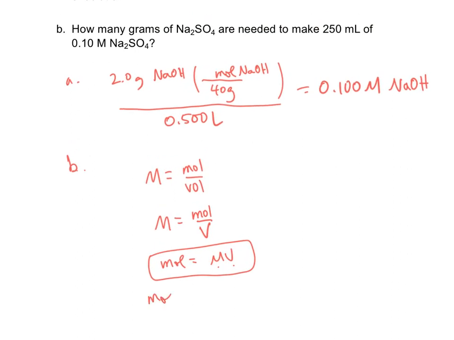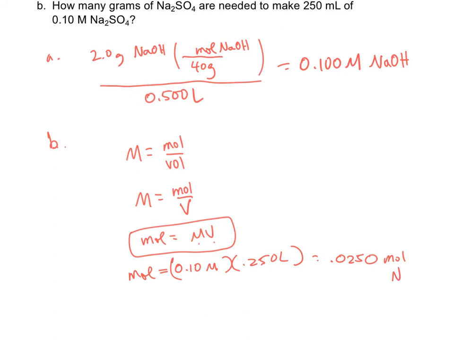The moles in this case are 0.10 molar times 0.250 liters. So that's going to be 0.0250 moles of sodium sulfate.